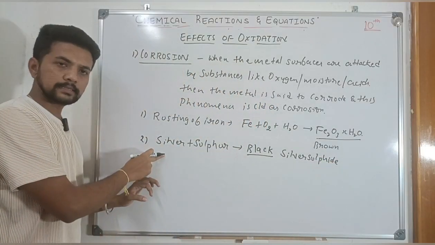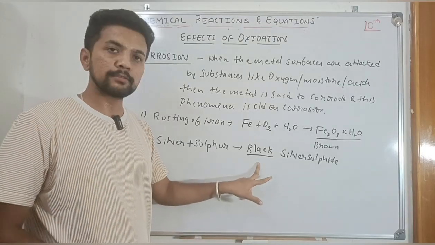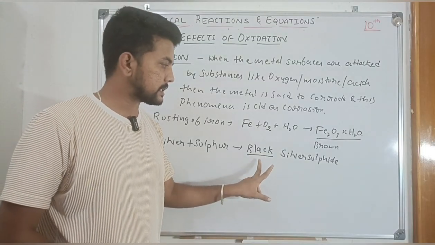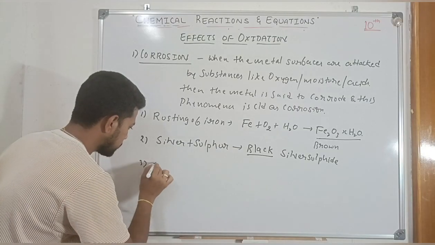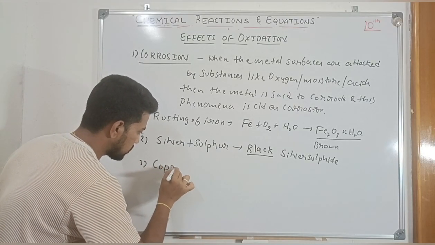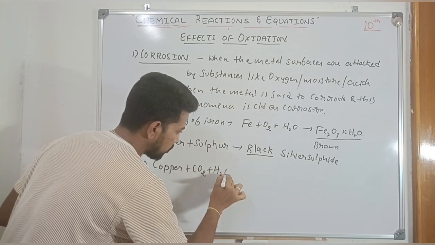So when silver reacts with sulfur, there is a formation of black colored coating on the substances, that is nothing but silver sulfide.